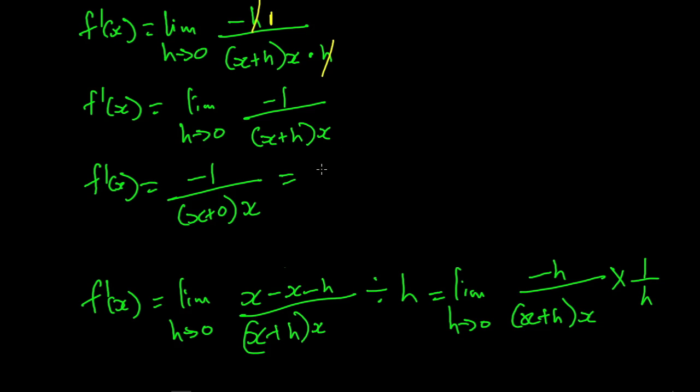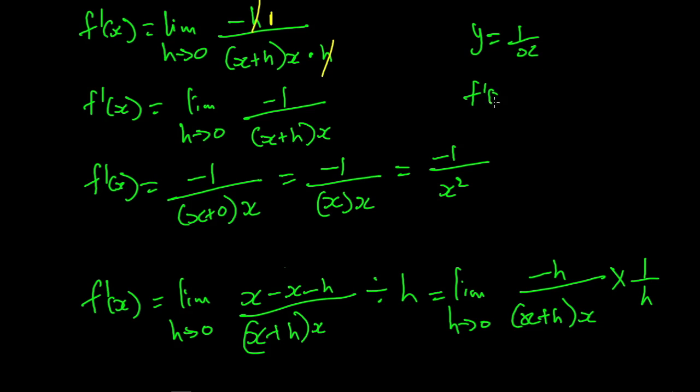So this is going to be negative 1 all over x multiplied by x, which is the same as negative 1 all over x squared. Therefore, if y is equal to 1 over x, that means the derivative of y with respect to x is going to give us negative 1 over x squared.